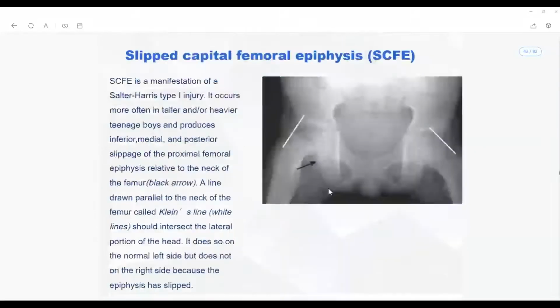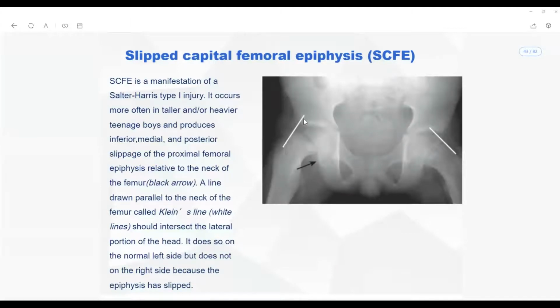All right. Now you see here, this is a slipped capital femoral epiphysis. You can see on the right side that the epiphysis, where the femoral head is securely seated in the acetabulum, is completely slipped, which shows that the metaphysis and the diaphysis of the right side are displaced superiorly, right?